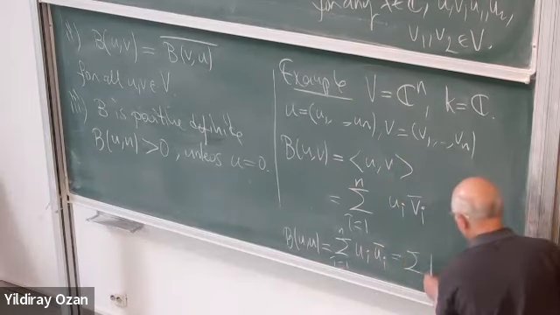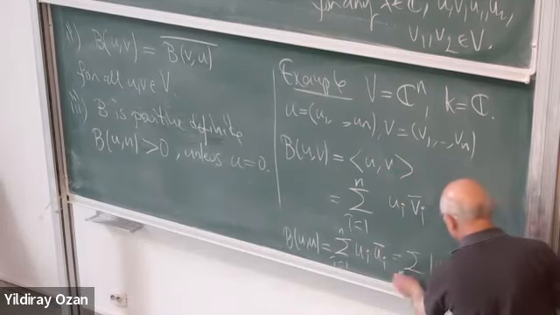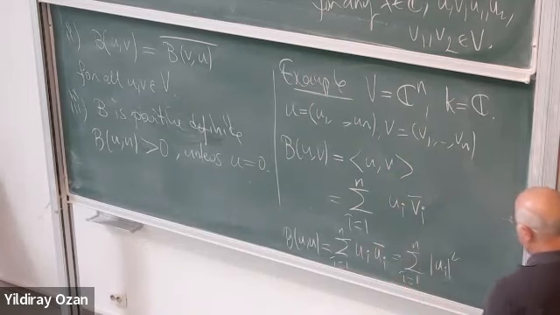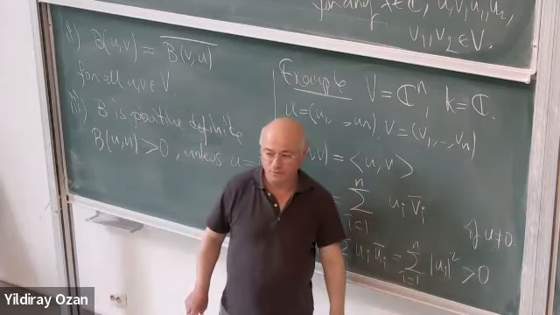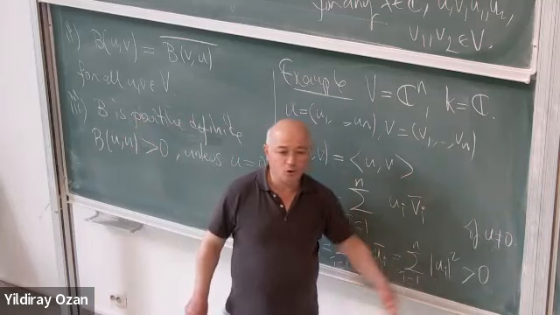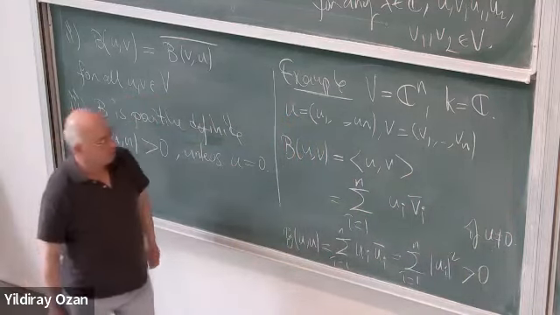So this is just the sum of |U_i| squared, i from 1 to n. And of course, this is a positive number if U is not the zero vector. If one of them is not zero, then this will be a positive number. Therefore, this sum will be positive. Of course, if all the U_i are zero, then this is zero, but otherwise it is a positive number. Okay?